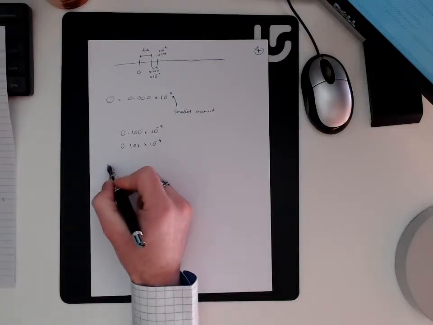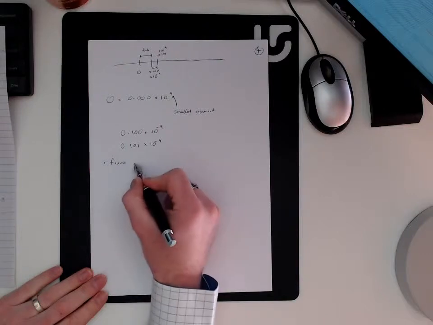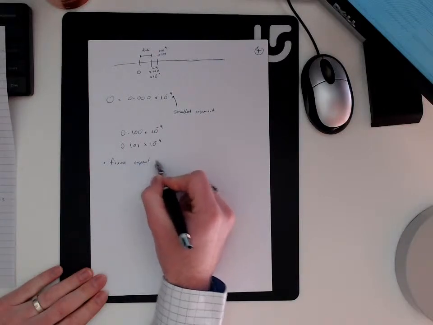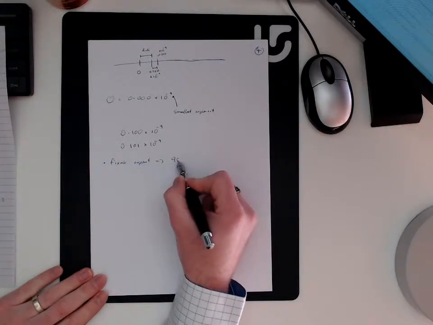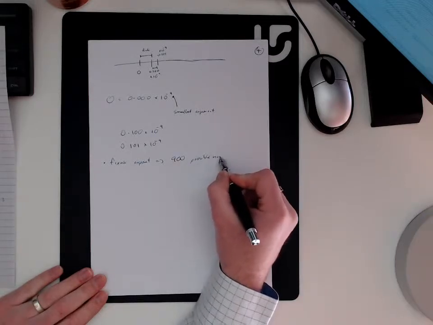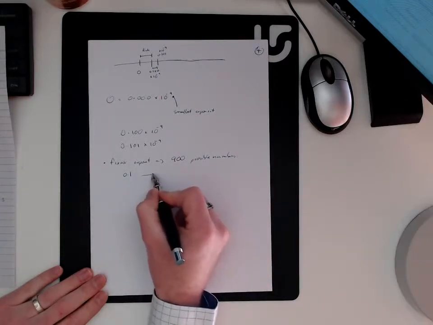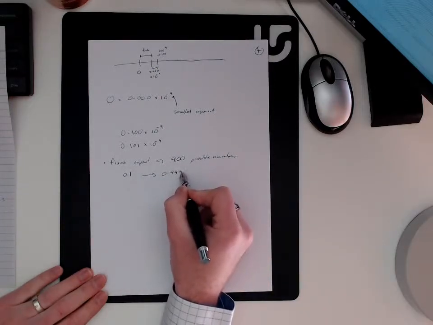Okay, so this is an important point. For any fixed exponent, there are 900 possible numbers. 0.1 all the way up to 0.999.